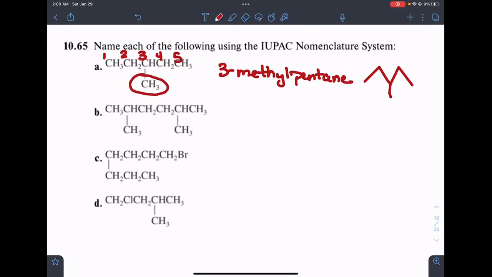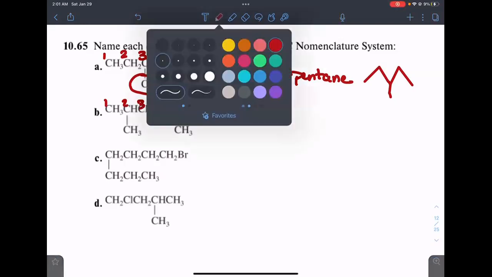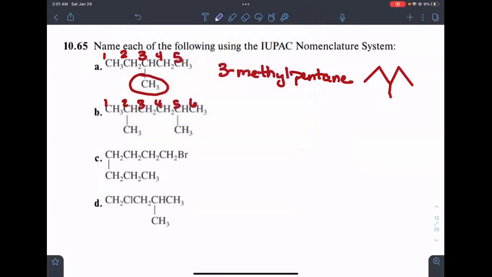Just make sure that you're trying to find the longest chain possible, and then give those substituents the lowest numbers possible. So for B, if I start counting 1, 2, 3, 4, 5, 6, I would have a substituent at 2 and 1 at 5. If I went the other direction and went 1, 2, 3, 4, 5, 6, I'd again have 1 at 2 and 1 at 5. So in this case, you could have gone either way.